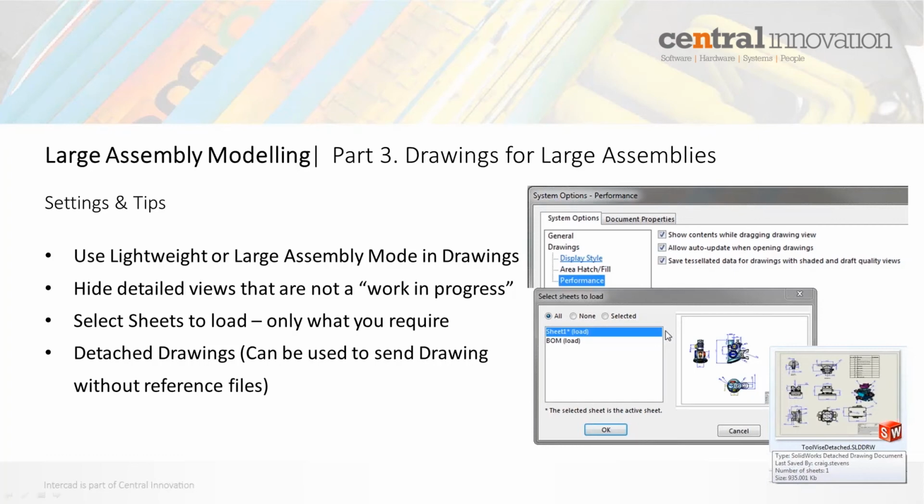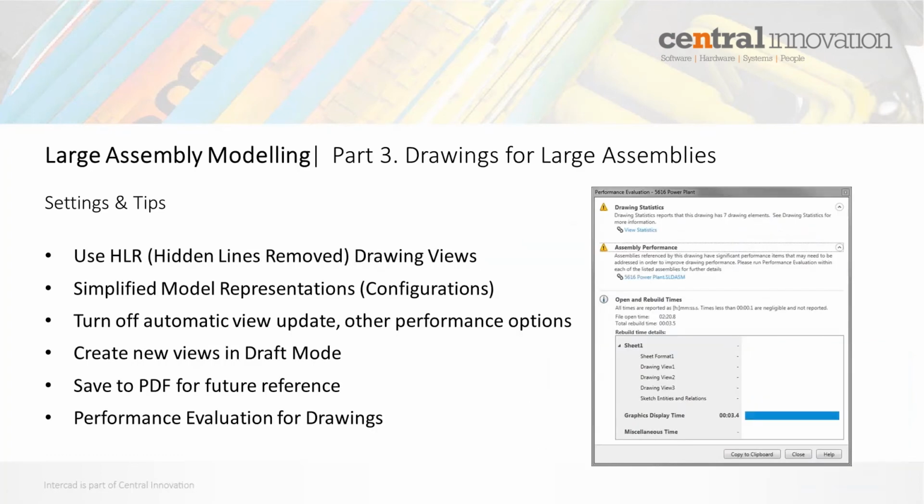Continuing on to focus on views, here are some more tips. The suggestion here is that you should use hidden lines removed in drawing views as opposed to hidden lines visible, or the wireframe type drawing views.